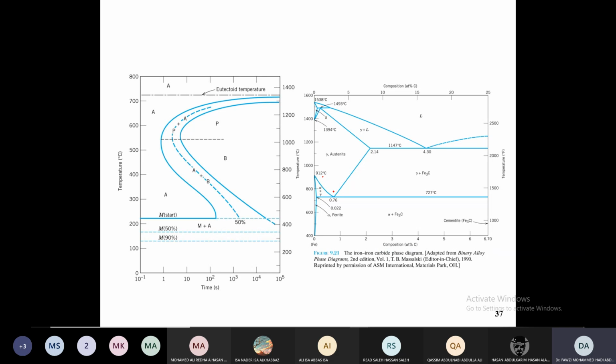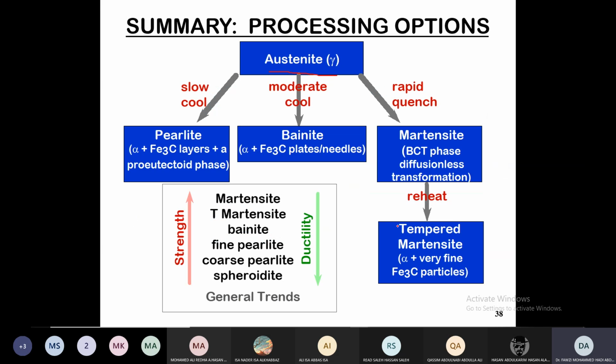When it is slowly cooled, from the austenite zone you are producing either the pearlitic structure, the alpha plus the cementite, or a pro-eutectoid microstructure and then the eutectoid microstructure. So if you do slow cooling, you will produce pearlite, the alpha plus the cementite layer, plus a pro-eutectoid phase.